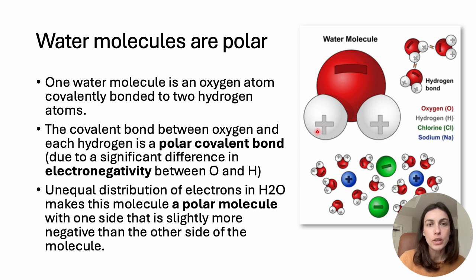And the hydrogens, their protons in the nucleus did not change, so they are slightly more positive than they were before this relationship. That means that the whole water molecule is polar. It acts like a weak little magnet, with one side of it being a tiny bit negative and one side of it being a tiny bit positive. Okay, so we call water a polar molecule.